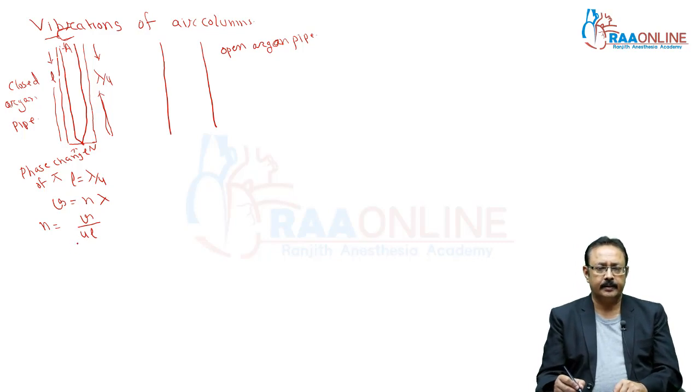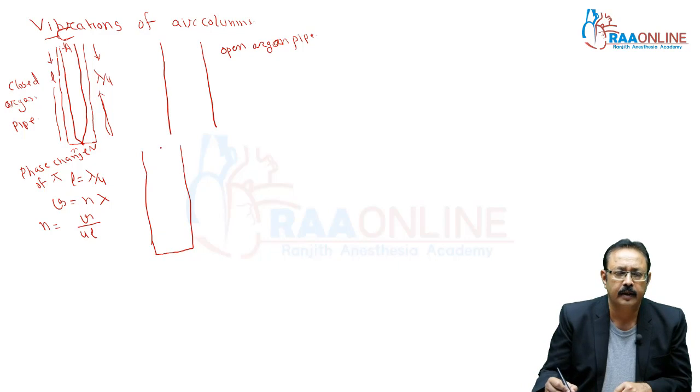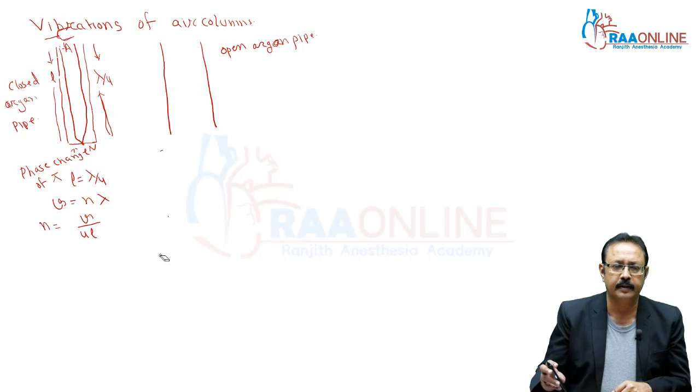What is the second case? In your organ pipe, the open end is always an antinode and the closed end is always a node. Maybe there is one more pair of antinode and node. After antinode node, after node antinode. So it means like this. Maybe like this.